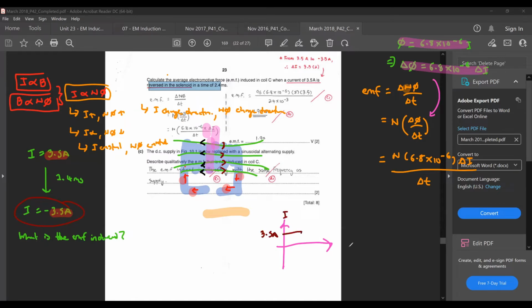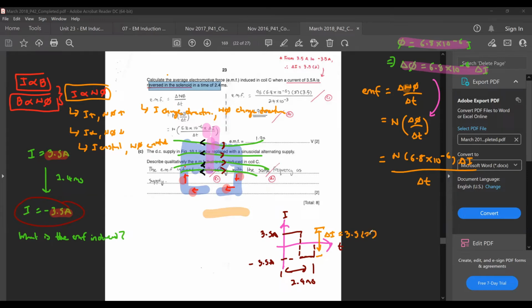This is a graph of I versus T. 3.5 amps suddenly changed to negative 3.5 amps in the time of, say, 2.4 milliseconds. Now your change in current is this one. 3.5 to negative 3.5 is just going to be 3.5 times 2, right?